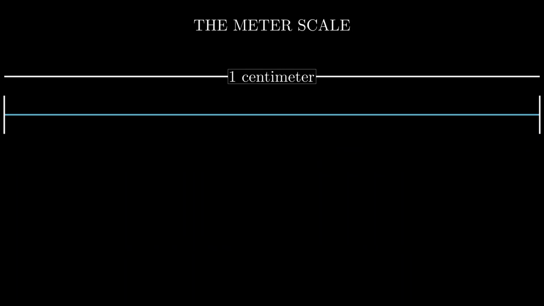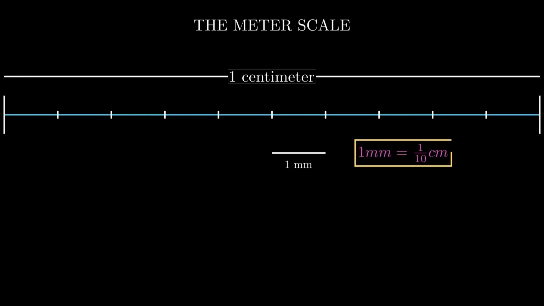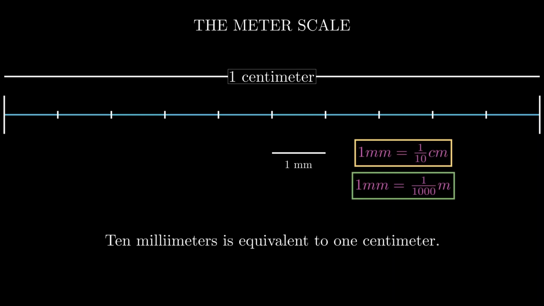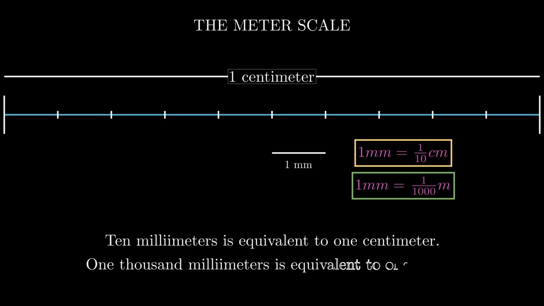Okay, so let's say we have 1 centimeter, this case, not 1 meter, 1 centimeter. And then again, we will divide the centimeter 10 times. Then that means then that 1 millimeter is 1/10 of what? Of a centimeter. So therefore, 1 millimeter is 1,000th of a what? Of a meter. So you have 10 millimeters is equivalent to 1 centimeter, and 1,000 millimeters is equivalent to 1 meter.